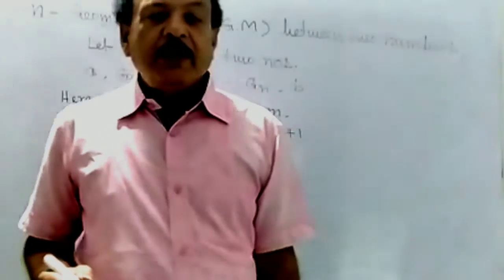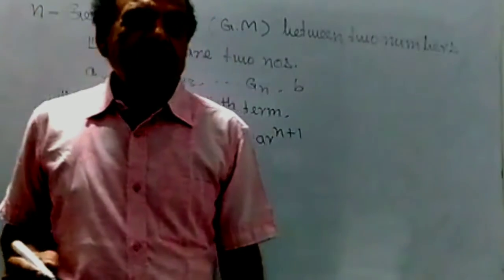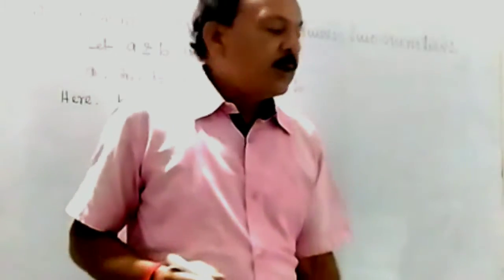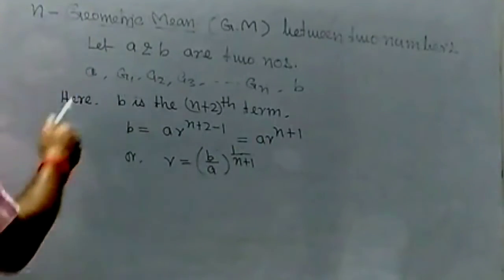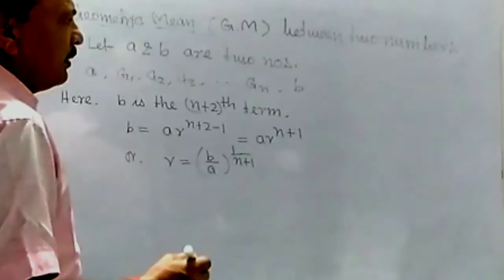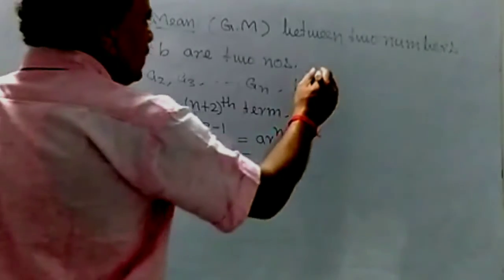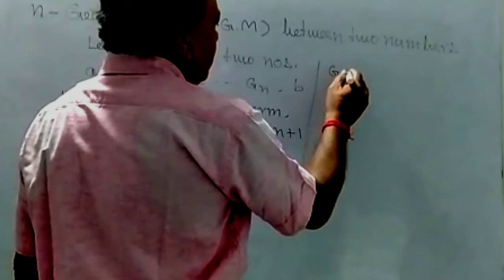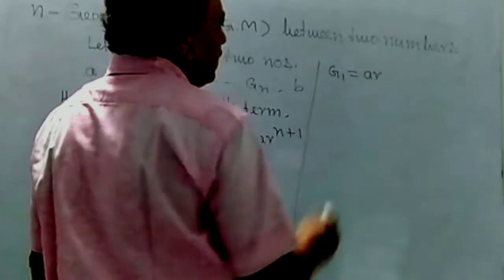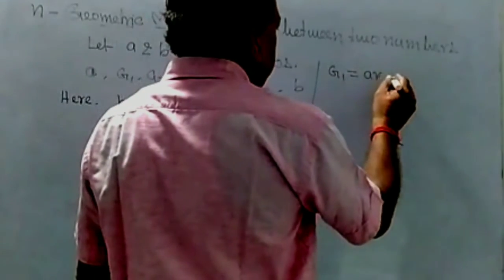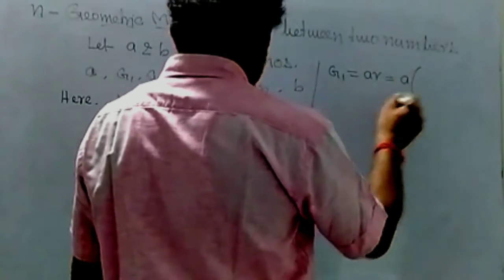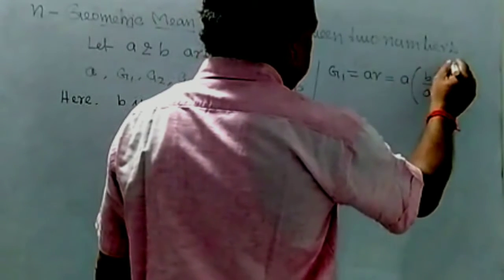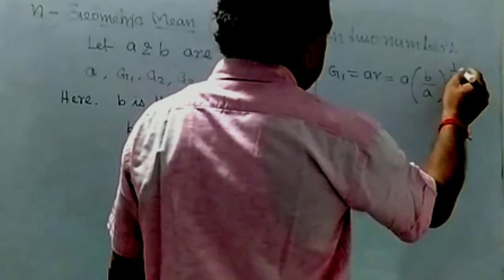So now if you can find the common ratio r, then you can find G. G1 is what? The first term is A, then G1 is AR. You can find A and r, where r is (B by A) to the power 1 upon n plus 1.